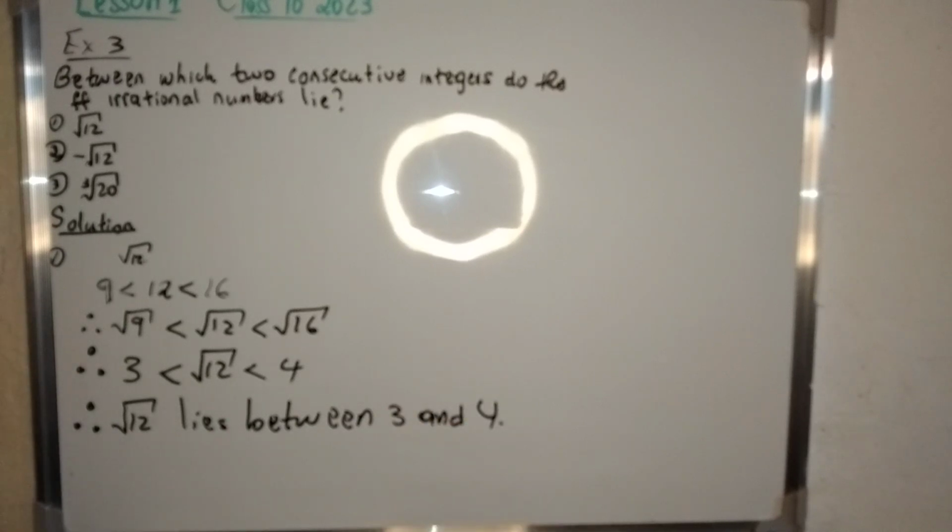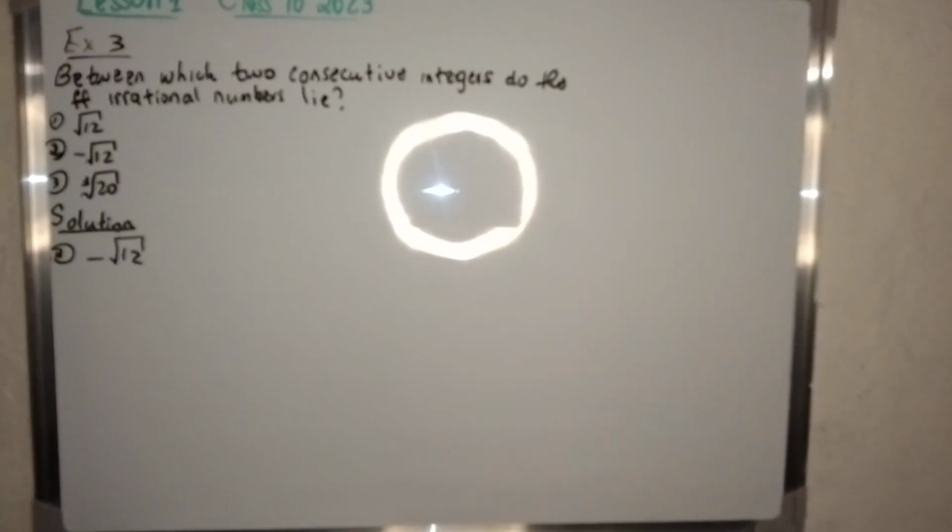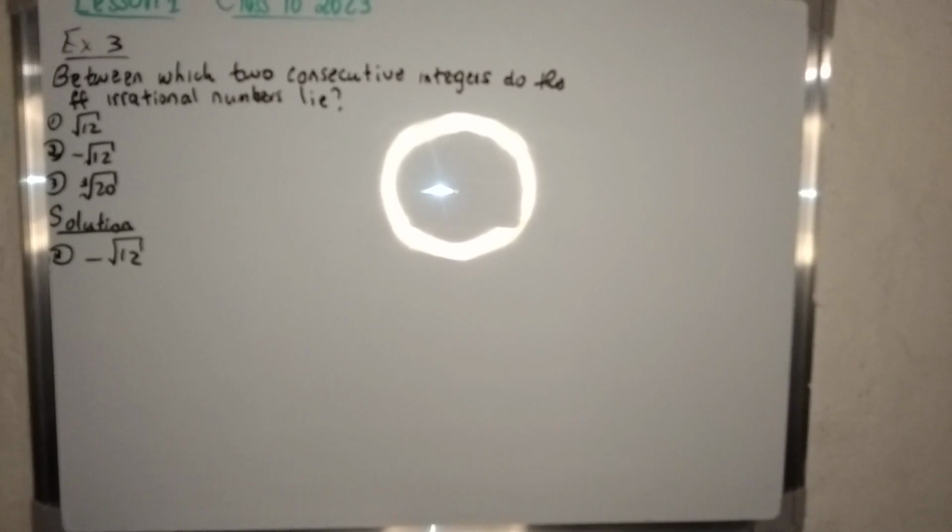Yeah, simple as that. So it's easy. Now let's look at the second one. Let's look at the second question. Guys, my apologies, I don't know what's going on with my camera. It's faint.